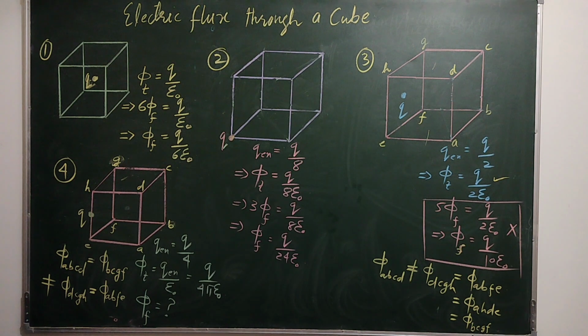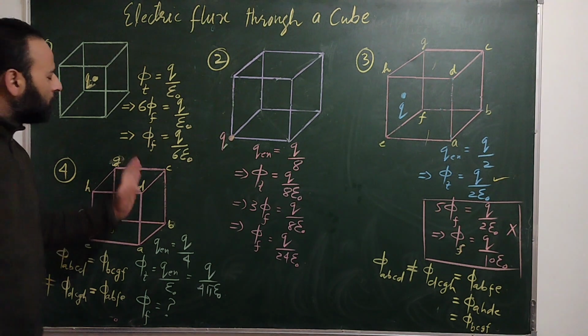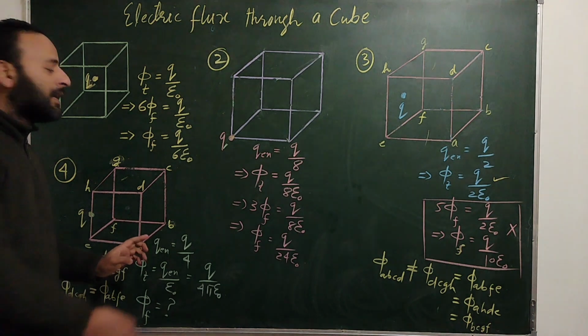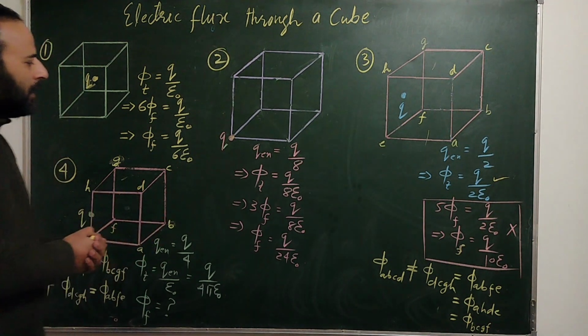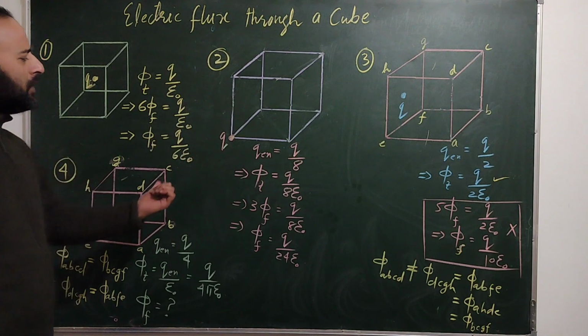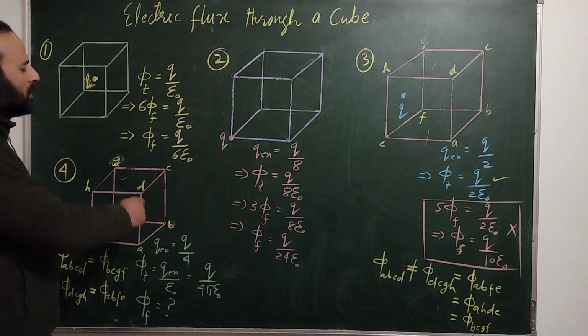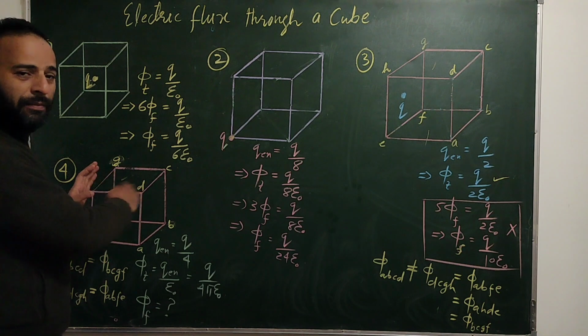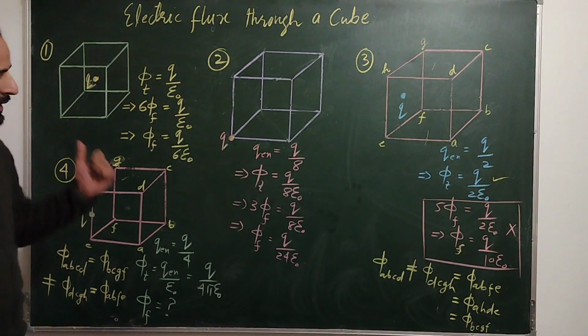Now the question arises, how can we calculate the flux through these faces separately or independently? Is there any method to calculate the flux? Usually most teachers and books skip this. But there is a method.